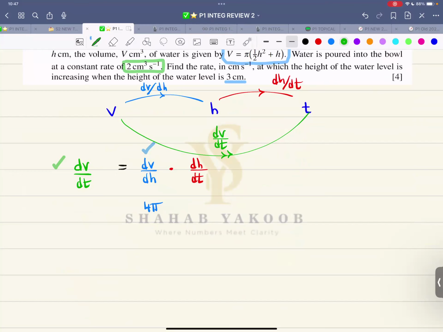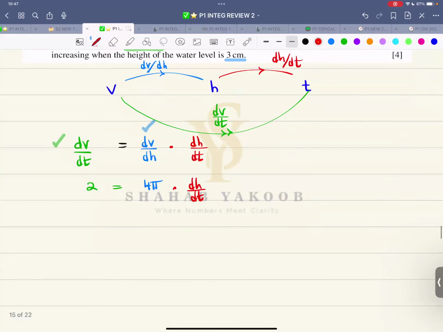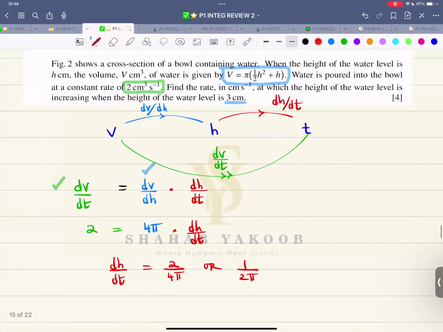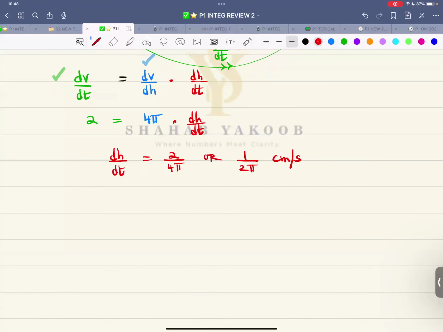The green value over here is 2. And what am I looking for? I am looking for dh by dt. So dh by dt is 2 over 4 pi, which comes out to be 1 over 2 pi. Leave the answer as it is, in centimeters per second.